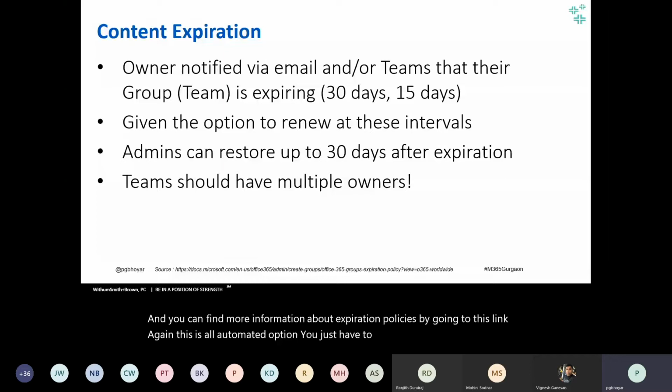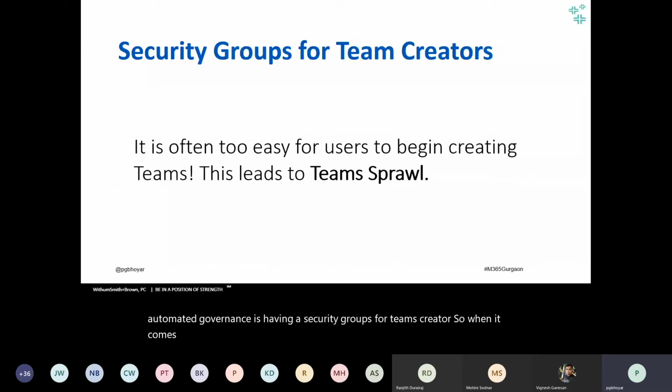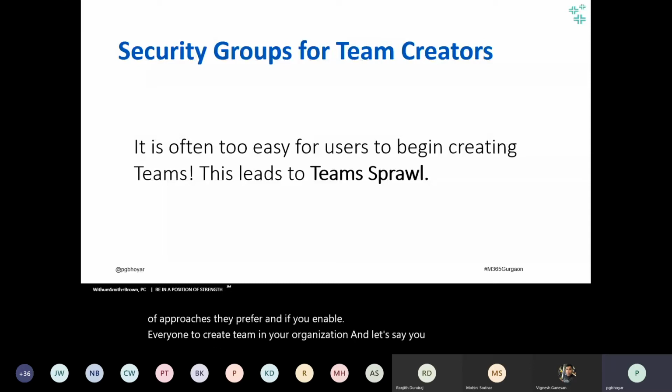Another way to do automated governance is having a security group for Teams creators. So when it comes to creating the teams, we have seen a lot of organizations have different kinds of approaches they prefer. And if you enable everyone to create teams in your organization, and let's say your users are not that tech savvy, you may be seeing a lot of teams got created, but nobody's using those.